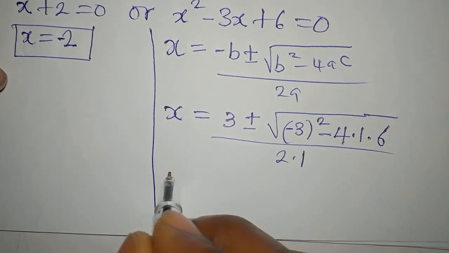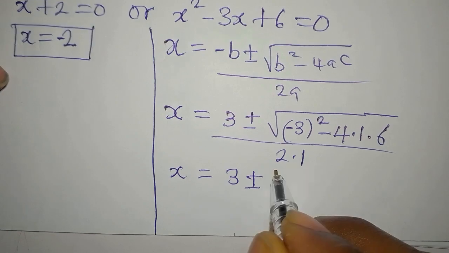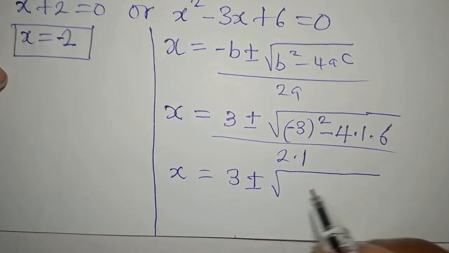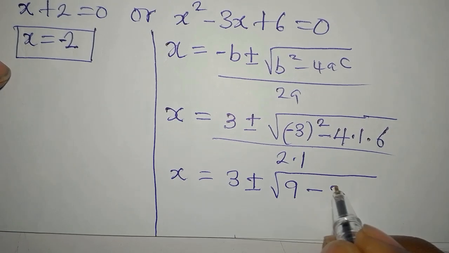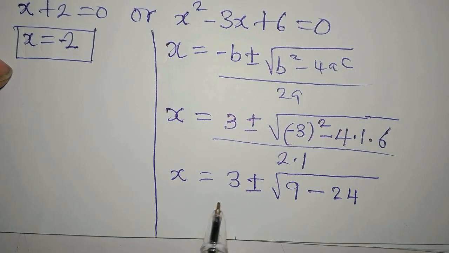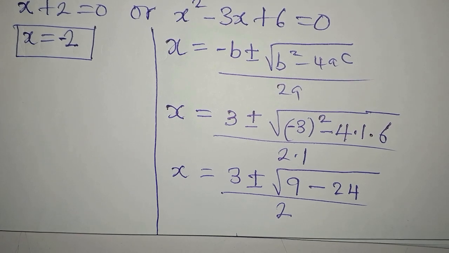Now from here we have x to be equal to 3 plus or minus 3 squared is 9, minus 4 times 1 times 6 is 24. So write 24 and then divide this by 2 times 1, which is 2.